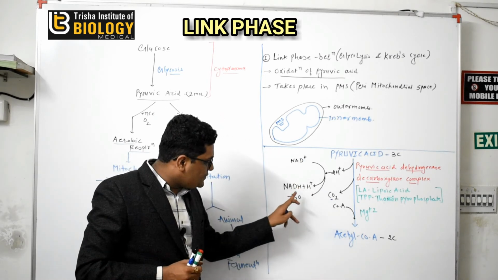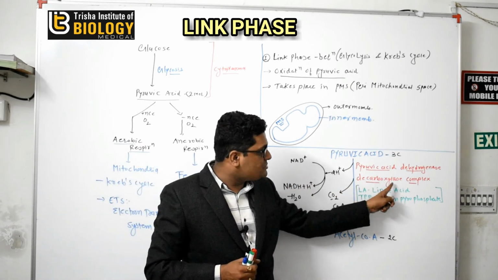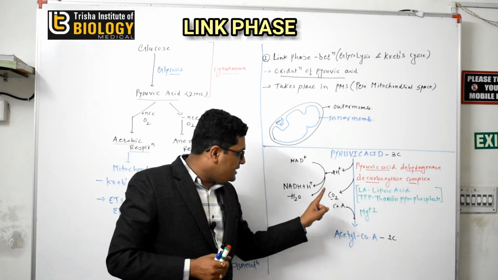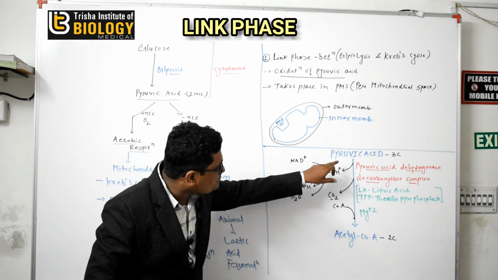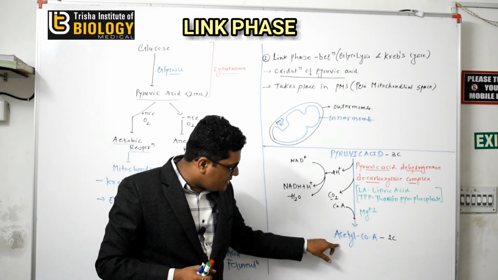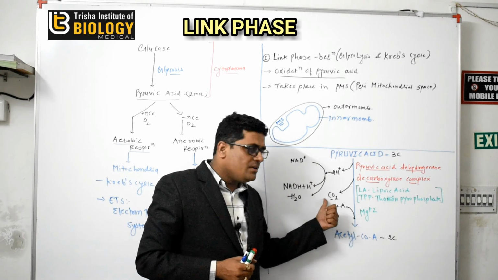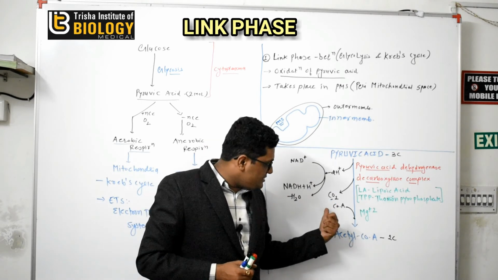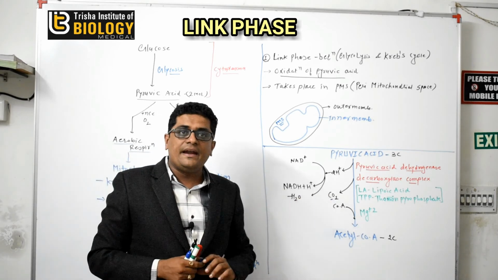Whenever NADH2 is formed, it produces 1 molecule of water. The decarboxylase releases carbon dioxide, and 3 carbon pyruvic acid is converted into 2 carbon acetyl coenzyme A, and 1 molecule of coenzyme A is added.